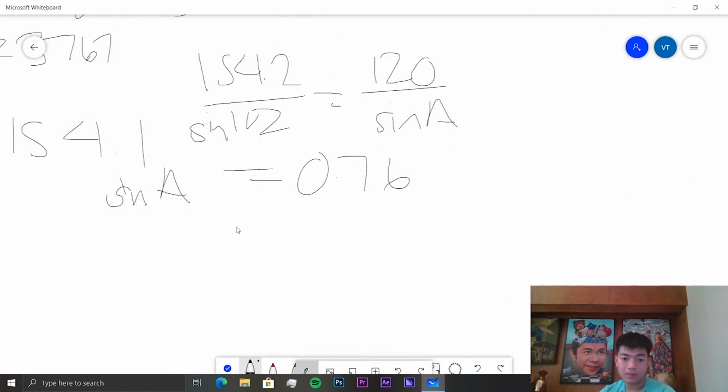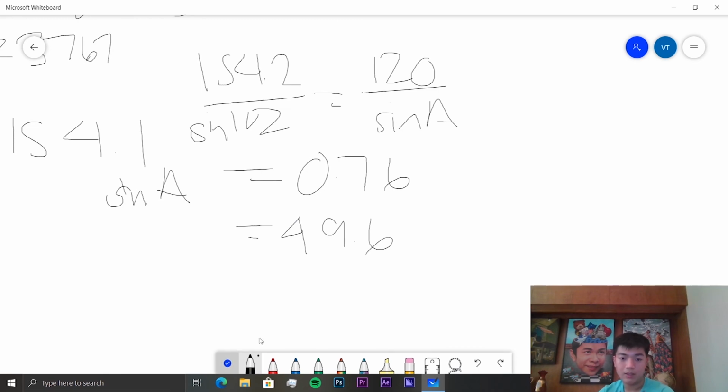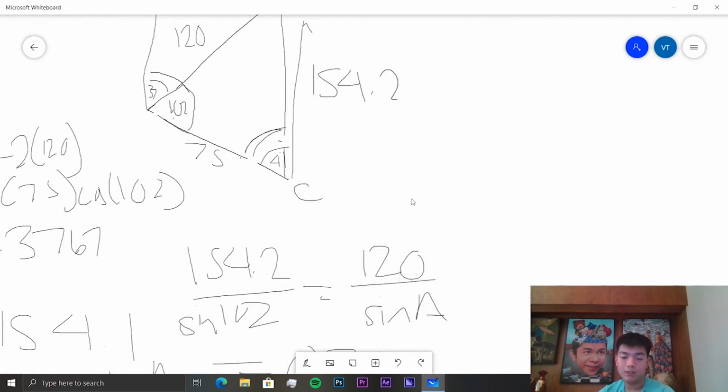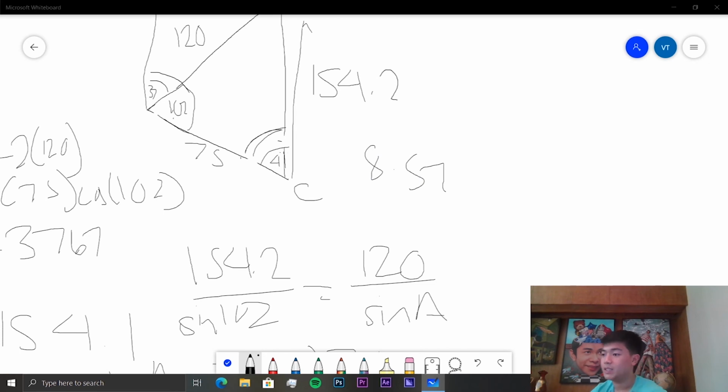So the actual angle is 49.6, and we know this is 41. So we have 49.6 minus 41, which is around 8.57, and that should be the bearing from that position.